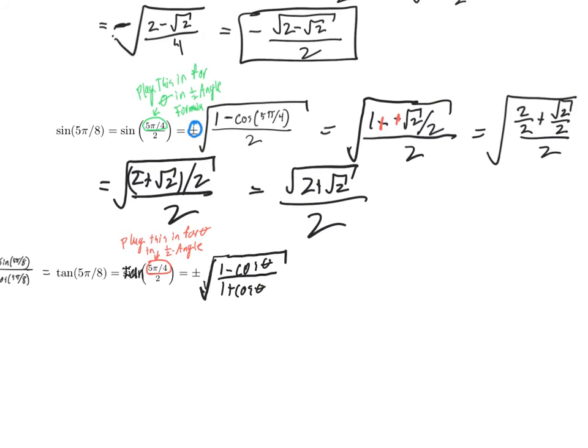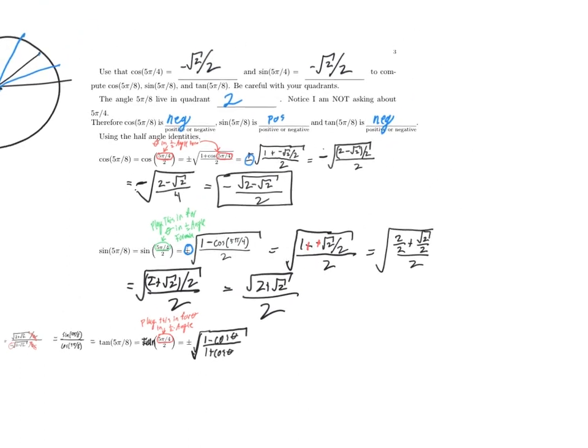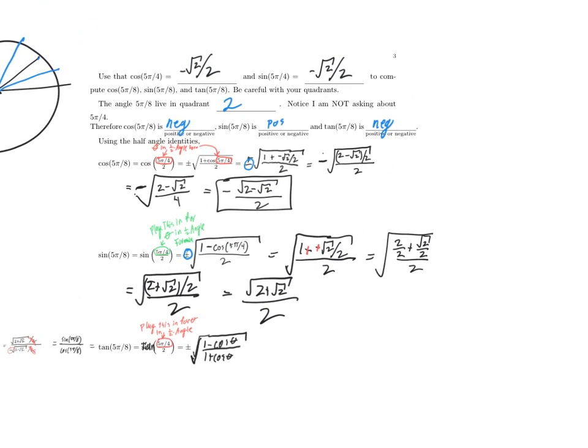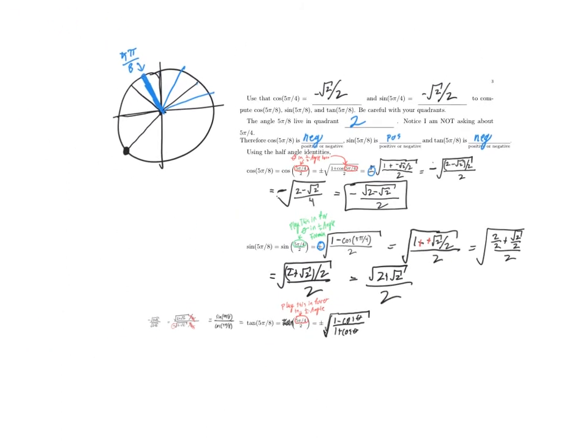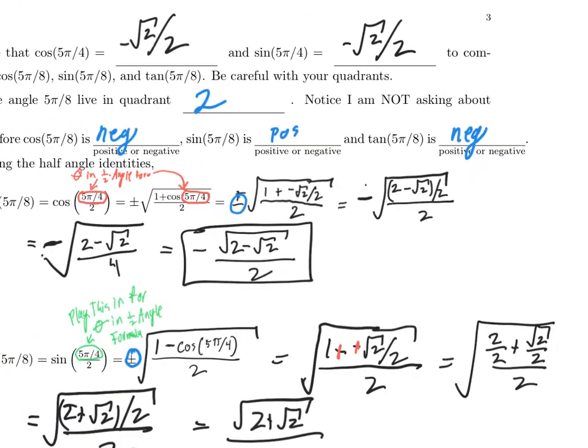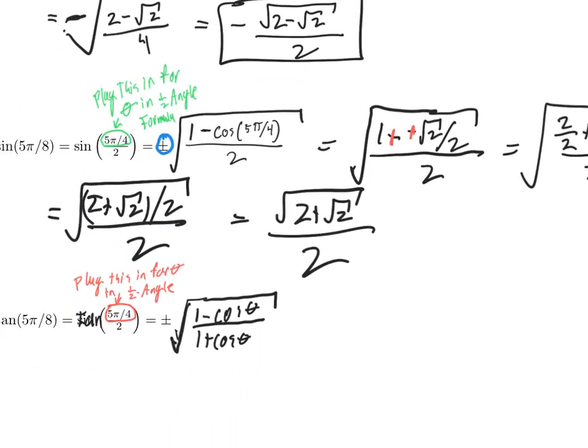All right, and first things first, remind ourselves if it's positive or negative, because we already walked that out. This angle is in quadrant 3, where tangent is negative. Let's make that more clear. Negative.